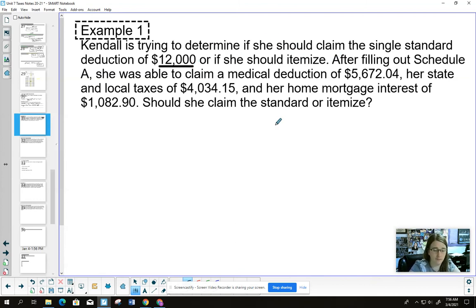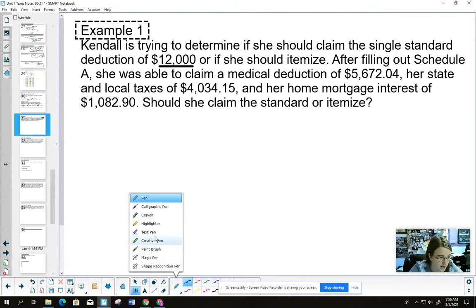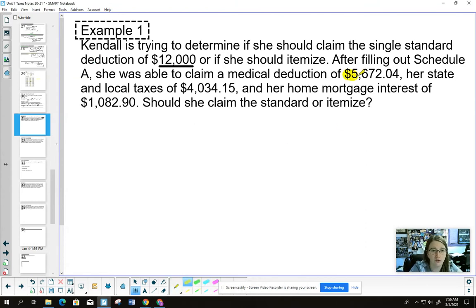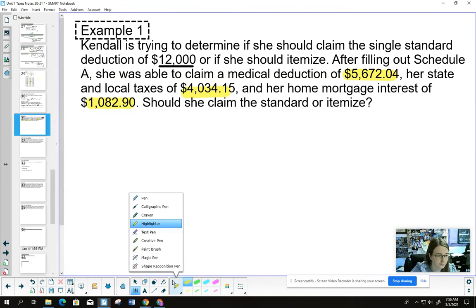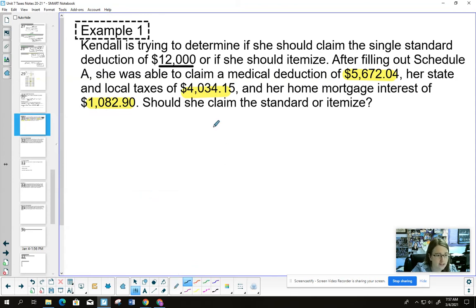Or if she should itemize after filling out Schedule A. So once again, that's the form she fills out to get all of her itemized deductions. She's got a couple itemized deductions here. She's got a medical expense, her state and local taxes, and her home mortgage interest. We want to know, again, the answer is, should she claim the standard or itemize? So here's how you kind of want to set this up.